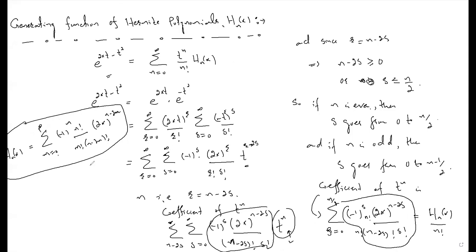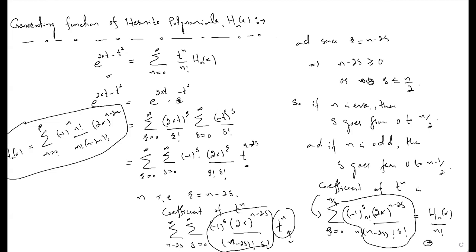So I am writing hn of x here, just compare these two. So hn of x divided by n factorial, the n factorial you get from here. These are just Hermite polynomials. So you see that we consider this particular function and we generate Hermite polynomials from this one. That's why we call this a generating function for the Hermite polynomials.